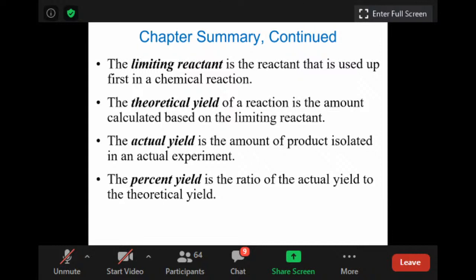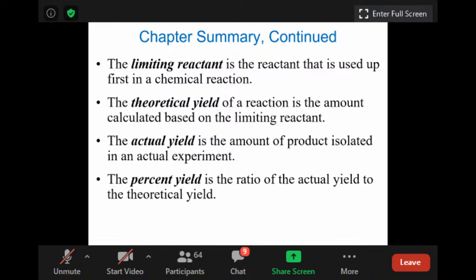The actual yield is the amount of product isolated in the actual experiment. Things that you collected, you dried some stuff, you heated some stuff, you put it together. So the percent yield is the ratio of the actual yield to the theoretical yield. The theoretical yield is not something you assume.